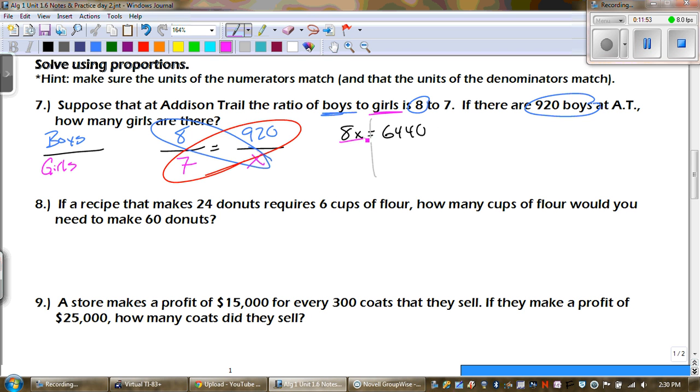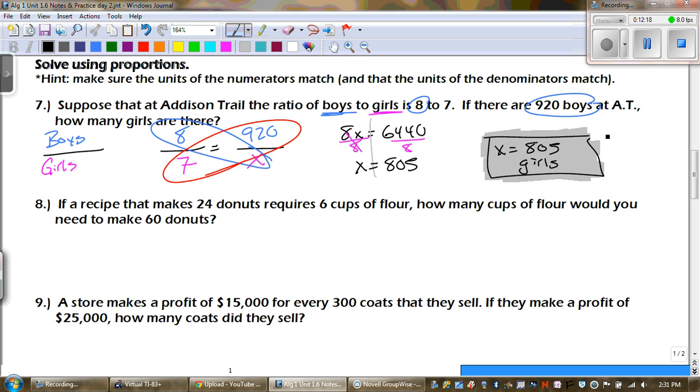To solve, we have to divide both sides by 8. And when you do that, you get x equals 805. And that's 805 what? Monkeys, chickens, burritos? You should get x equals 805 girls.